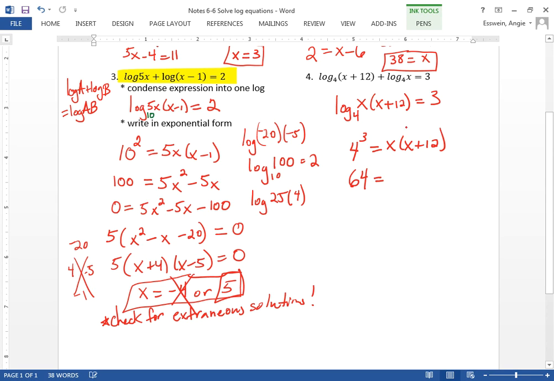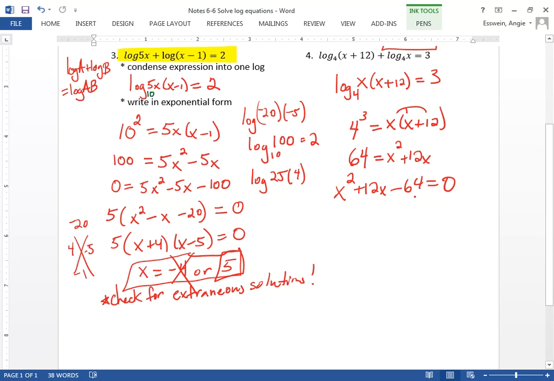Nice. We got to distribute this. X squared plus 12x. And so if I write it all on the left side, if I just flip this, I would get equal to 0. If I get it all together on the same side. And this is a nice, easy diamond problem.